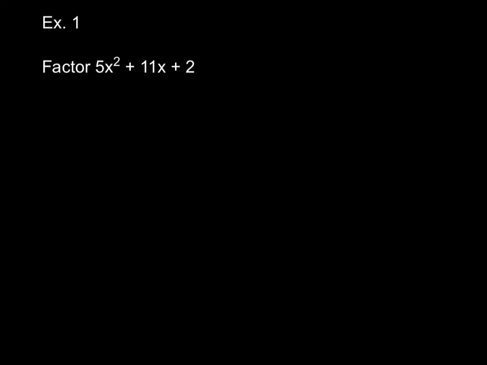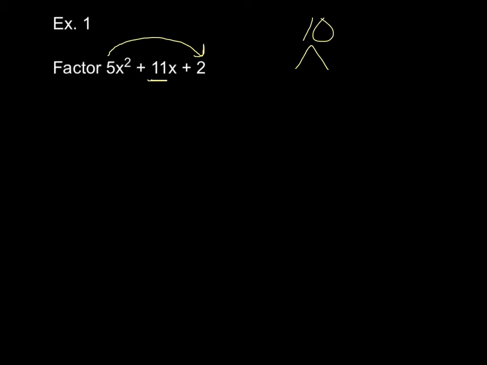All right, so first example, 5x squared plus 11x plus 2. So the first step is to multiply A times C. So 5 times 2 gives me 10. And now I want to break down 10 into two factors of 10 that will add to give me this 11 in the middle.